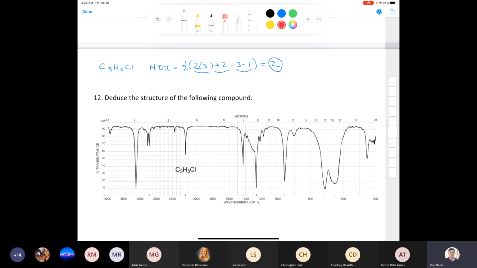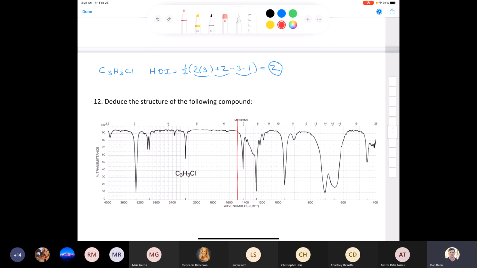Now you notice that the scale of this infrared spectrum is a little different than some of the ones you might have seen before. But if we draw a line at 1500 reciprocal centimeters, right here, this is the fingerprint region down here. Let's get into the diagnostic region, which is above 1500. And I'm also going to draw a line at 3000.